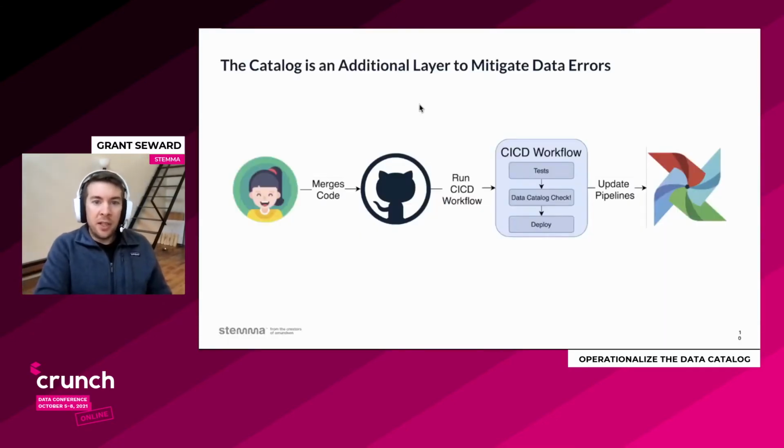We know that the data catalog has the knowledge about the shape and semantics of the data that already exists. The capability we want to enable here, again, is to give the catalog insight into what the shape and semantics of the data will be in its future state.